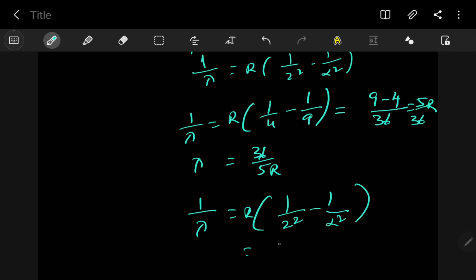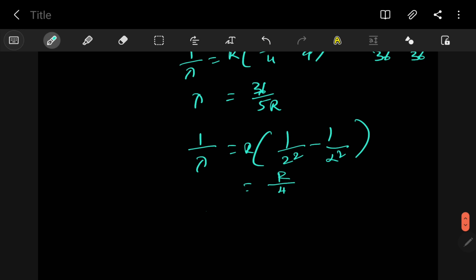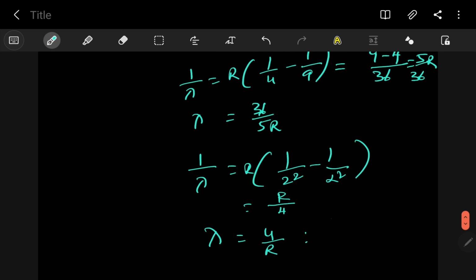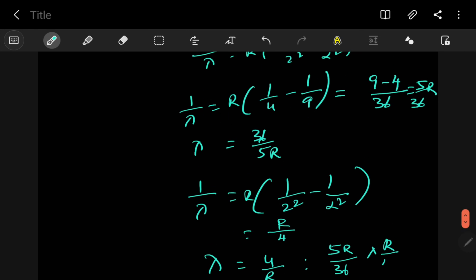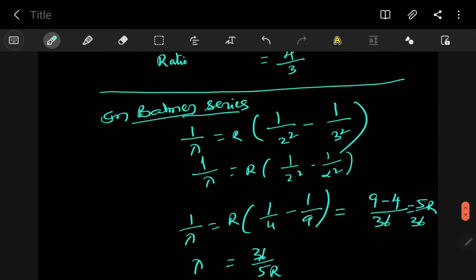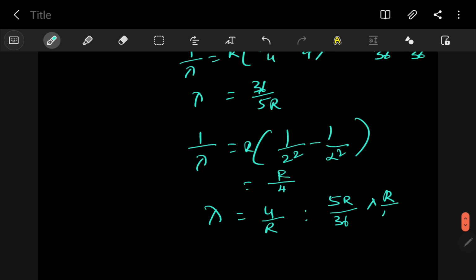So it becomes R by 4, and lambda equal to 4 by R. Now the ratio of the longest to the shortest wavelength is 36 by 5R into R by 4.